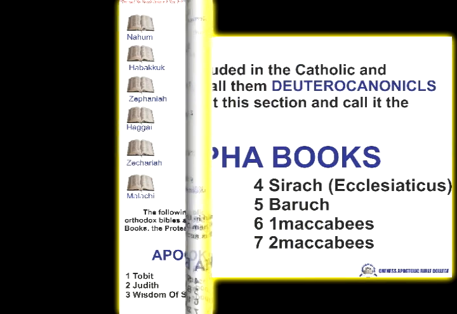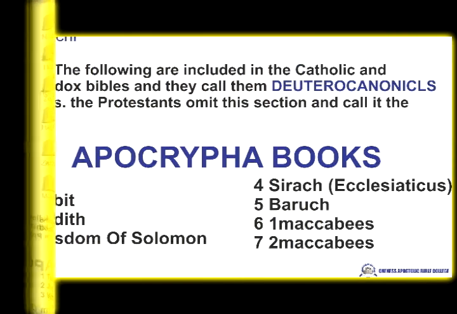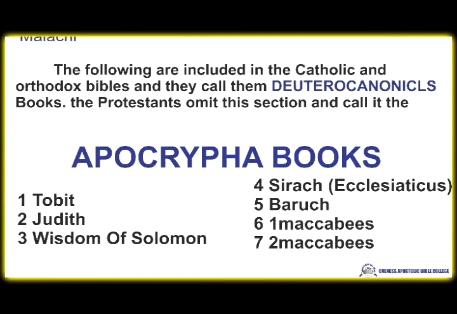But in the Catholic books, remember, we have other books, the 7 books called the Apocrypha. Now, we had mentioned some of them earlier among the historical books, although they are repeated here for your understanding.